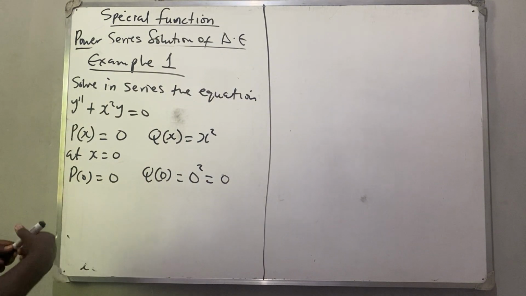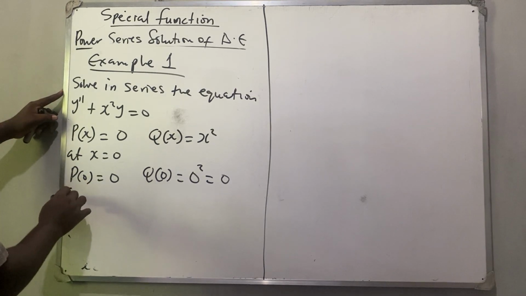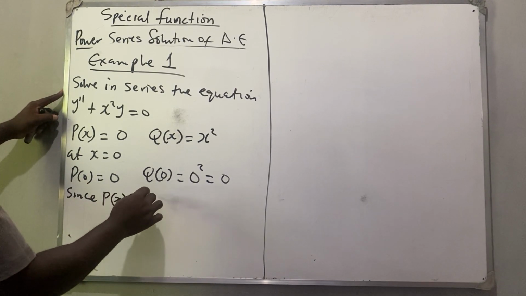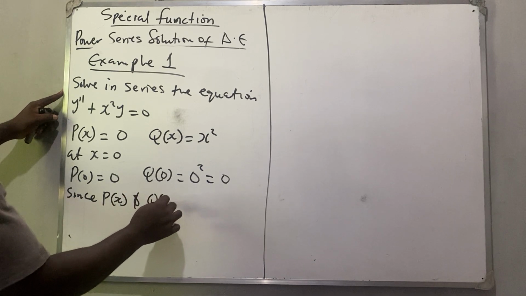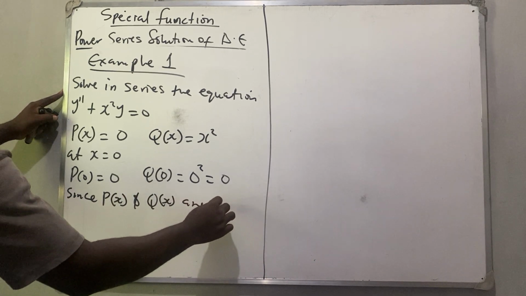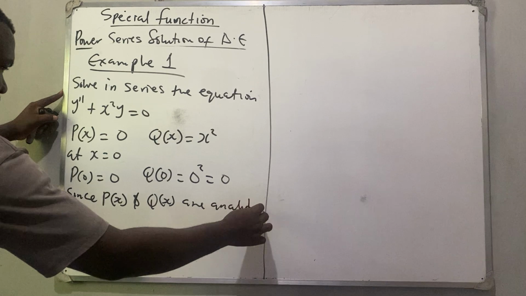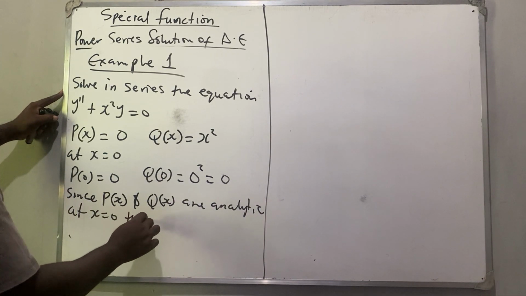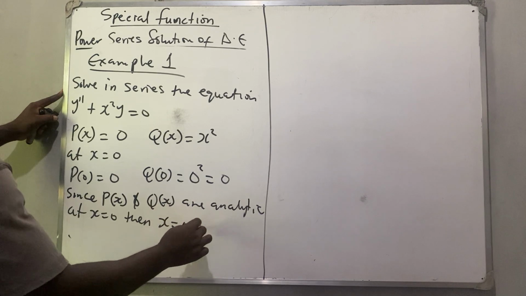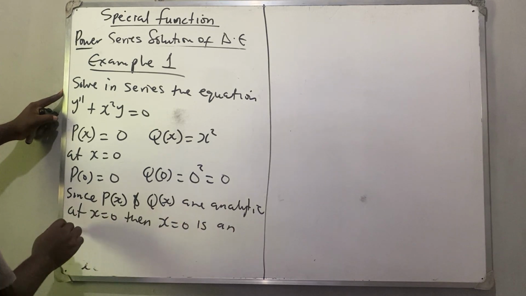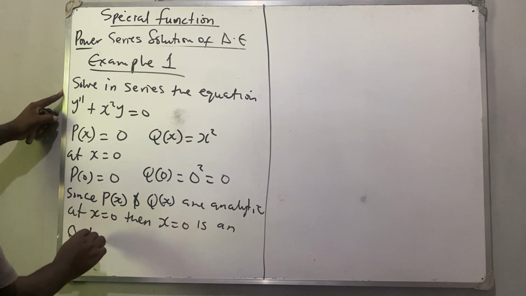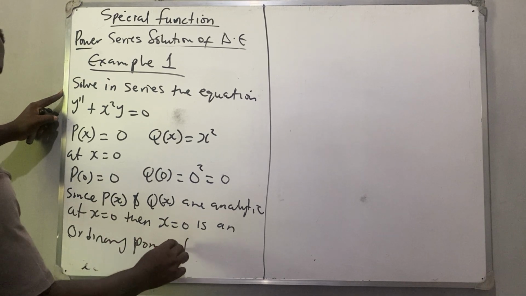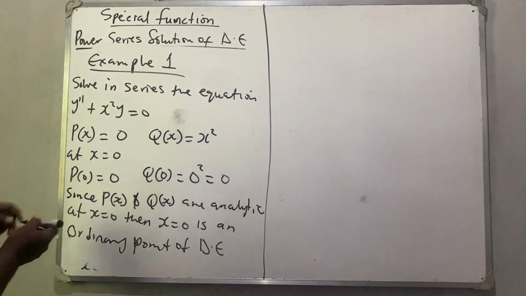Since we did not get infinity, we say that since p of x and q of x are analytic at x equal to 0, then x equal to 0 is an what? Ordinary point. Ordinary point of the differential equation. So it's an ordinary point of the differential equation.